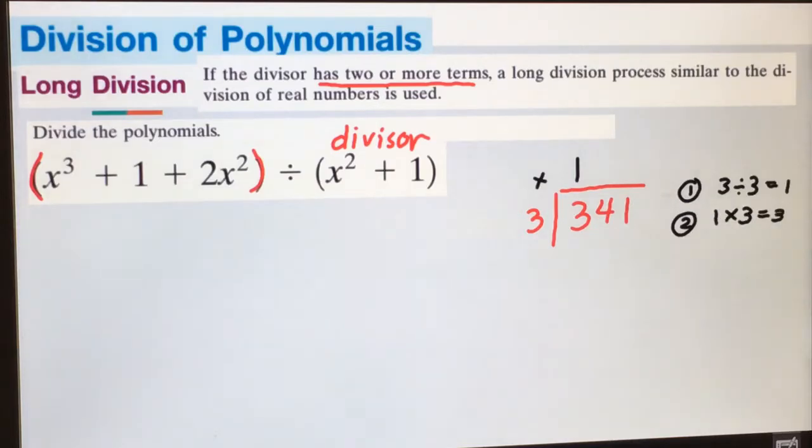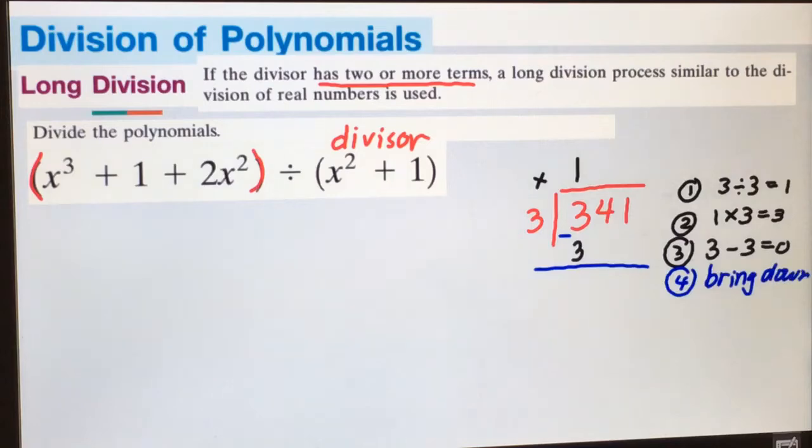So we get a product of 3, and we write that below the first digit. Then the next step is subtraction. So we subtract 3 minus 3, and we get 0. Then the next step is to bring down the next digit, which is 4. And so we repeat step 1 again.